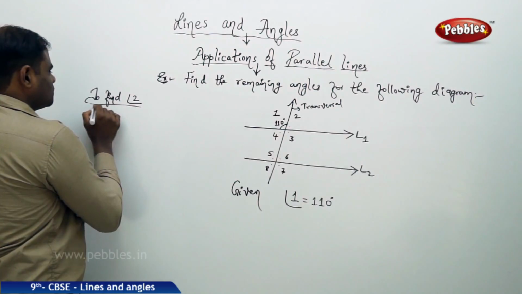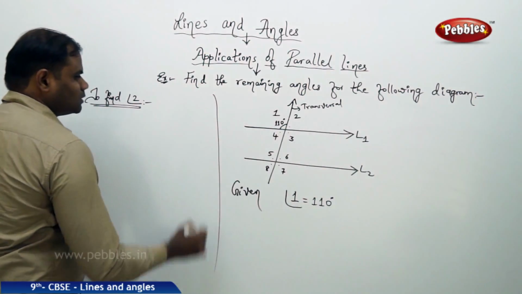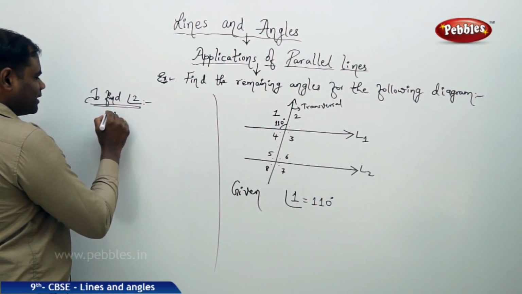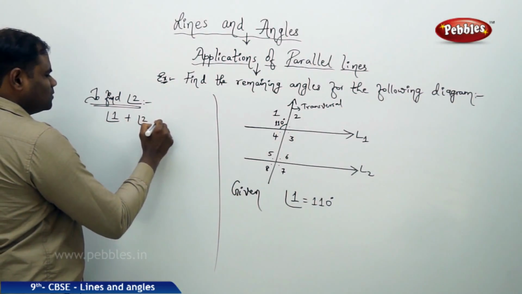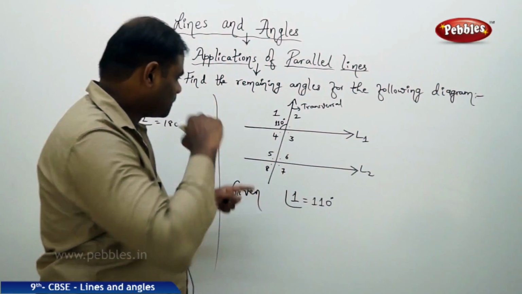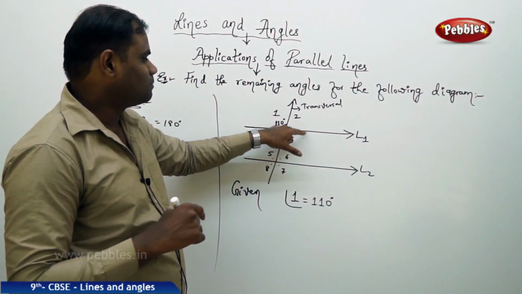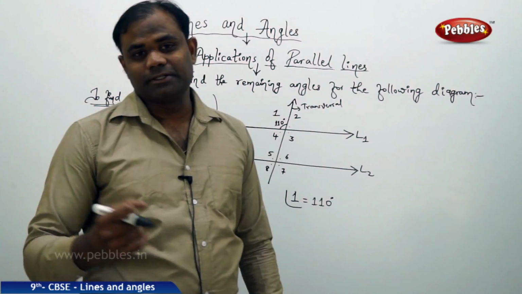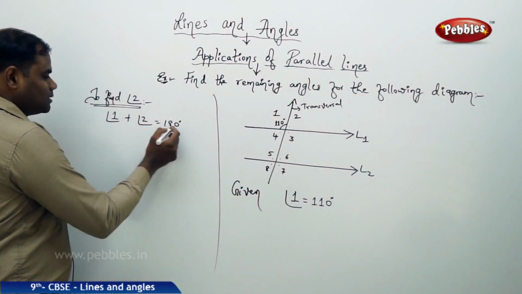We know that clearly angle 1 plus angle 2 is 180 degrees because this makes a straight line. Therefore, this plus this is 180.